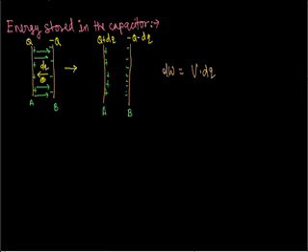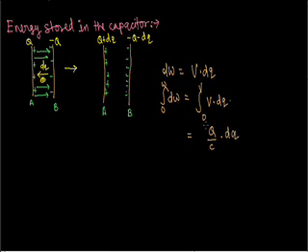When we integrate it, W from 0 to W, and charge from 0 to Q, we get the integral of V dq. Now V can be written as Q upon C.